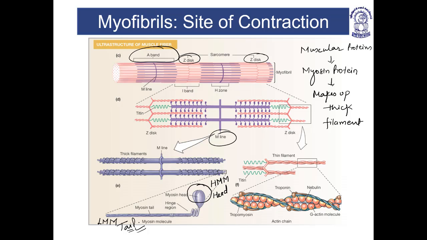The myosin filaments are held together by M-line protein and attached to the Z line by a different protein.